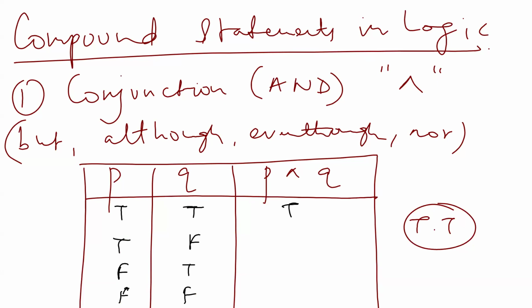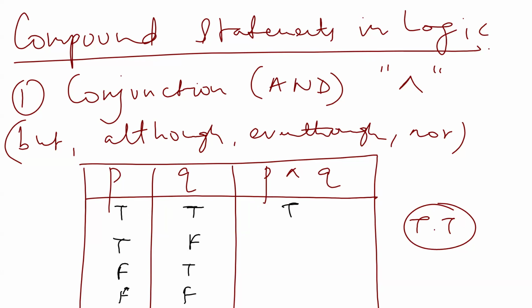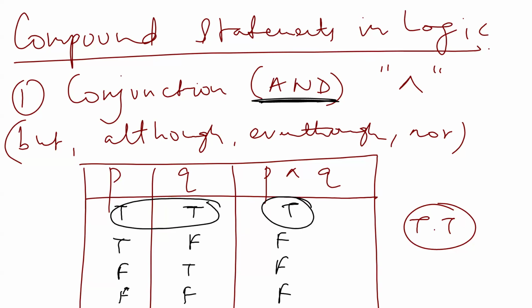And if anyone is false, the final answer will be false. So in the table of and, only TT is T. Rest everything is false.